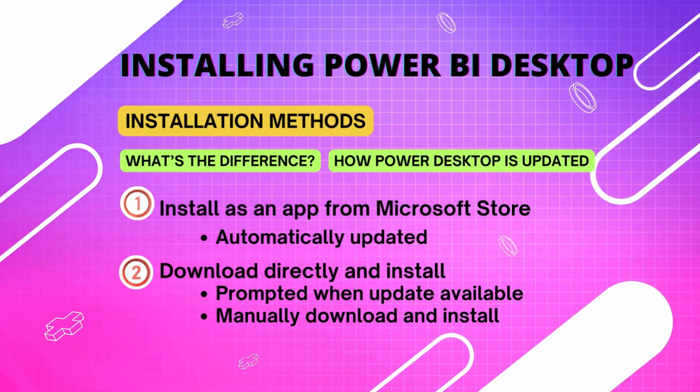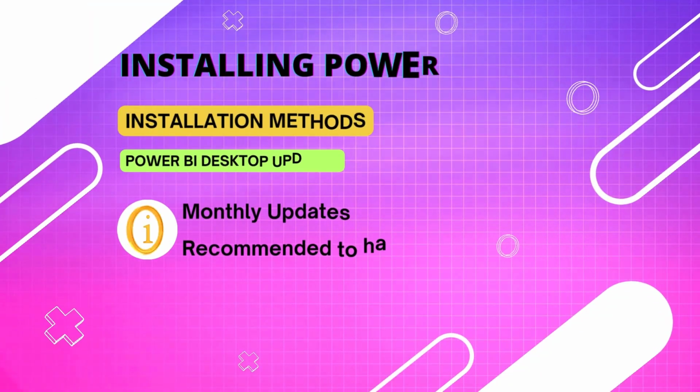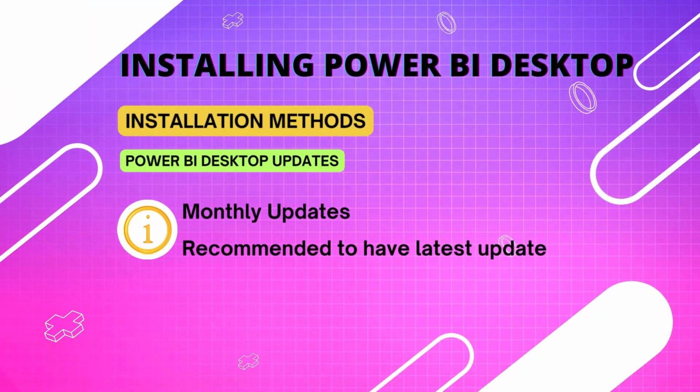However, if you install using the download direct option, you'll be prompted each time there's an update available, and you'll have to manually download and install. And for your information, there's monthly releases of Power BI Desktop, and it's always recommended to have the latest update.